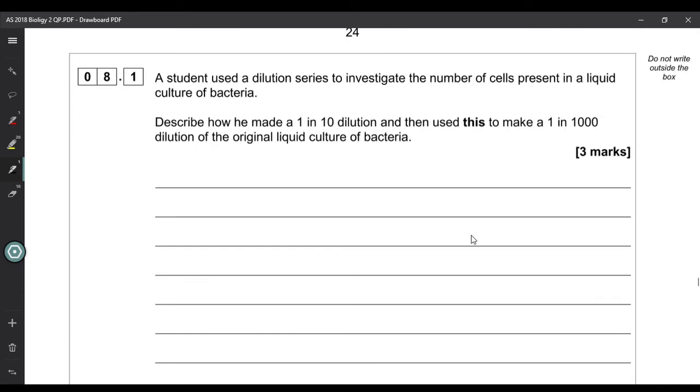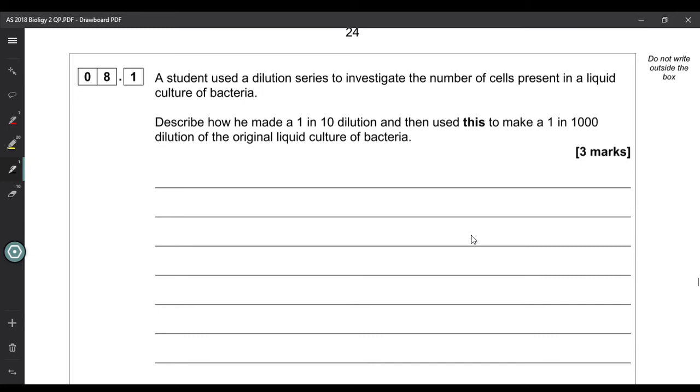So question 8 is about dilutions, and generally this question wasn't answered well in the exam. So it's important you understand about the dilutions you've carried out during your practicals and be able to place them in other contexts.